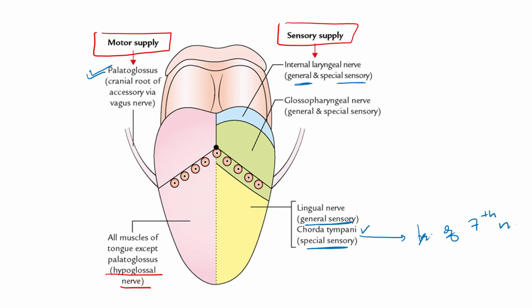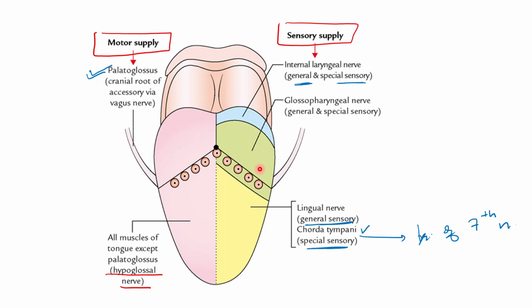The chorda tympani nerve receives the special sensation, that is the taste sensation, from the entire anterior two-third except the vallate papillae, which lie in front of the sulcus terminalis. So the special sense of taste, except the vallate papillae, is by the chorda tympani. Moving on to the posterior one-third of the tongue.